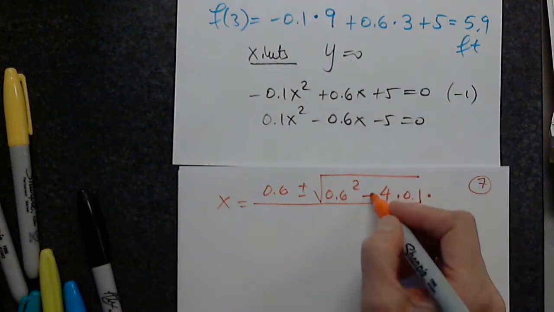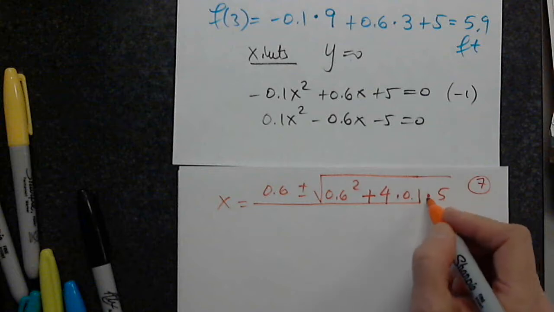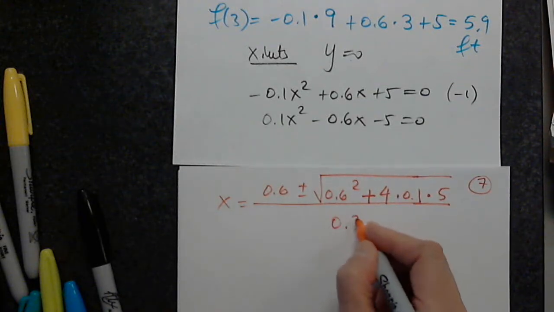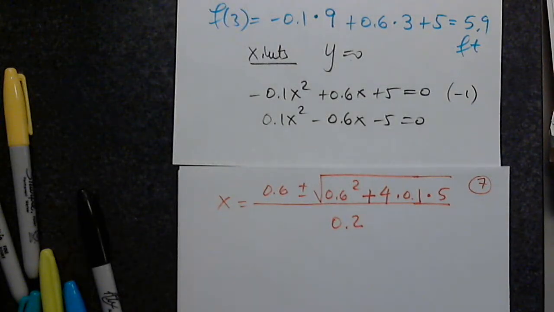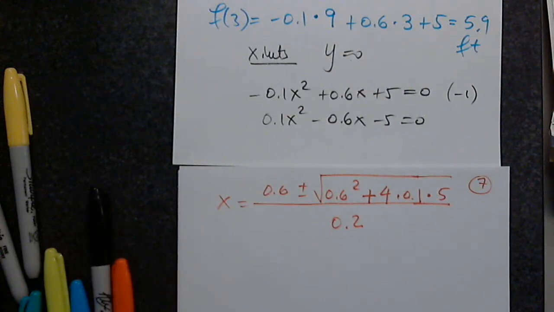I don't want to put too many parentheses, so I will change this into positive. Over 2 times a. Yes, because otherwise you cannot put the multiplication symbol and the negative symbol one next to the other. You're going to subtract by mistake instead of multiplying. Be careful.